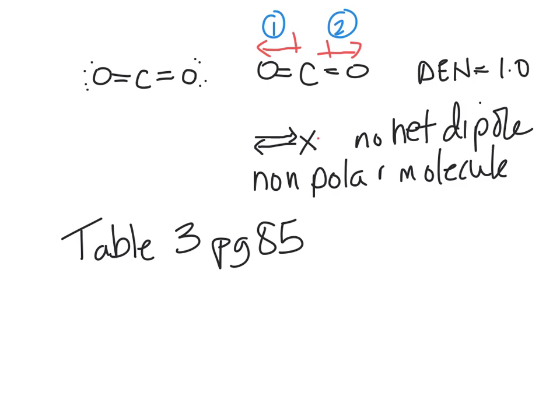Now, if you take a look at Table 3 on page 85, it actually lists the types of molecules that are polar and the types of molecules that are nonpolar. You'll notice that the nonpolar category is a lot smaller. And basically it can be summarized in this way.